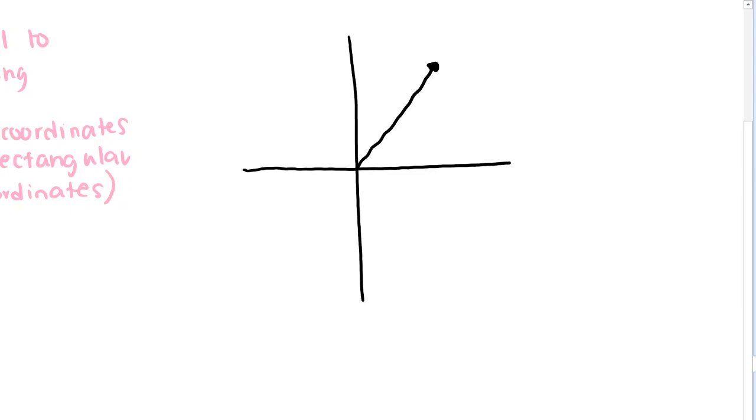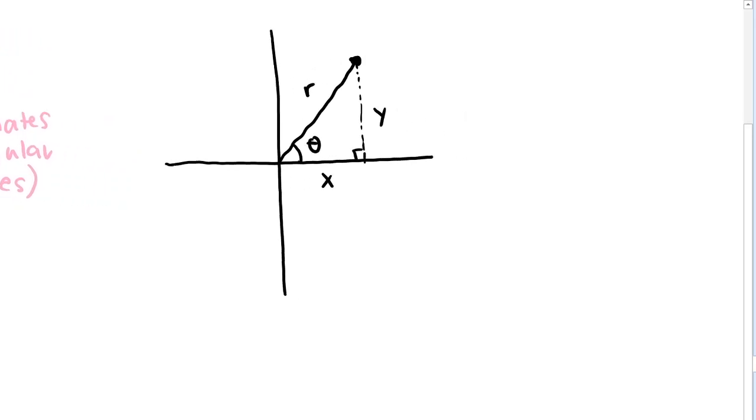This point is given by a distance, r, and an angle, theta. Again, the idea is that there's this triangle that fits into our picture. And if we wanted to figure out what this point is in terms of x and y, the horizontal and vertical coordinates of this point, how do we do this?